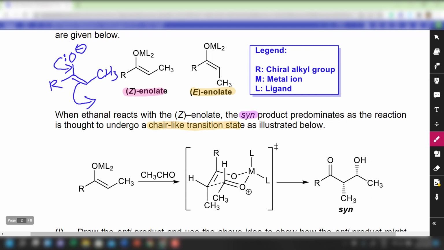So the reason why a reaction with a catalyst inside is faster is because the metal is able to coordinate the two species, bring them together, and force an intramolecular reaction.